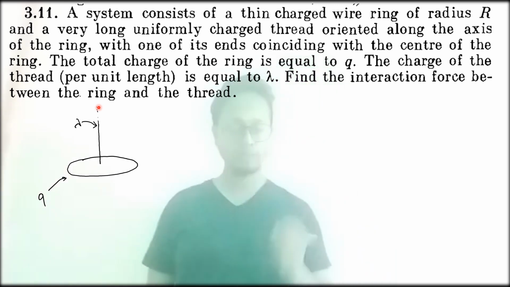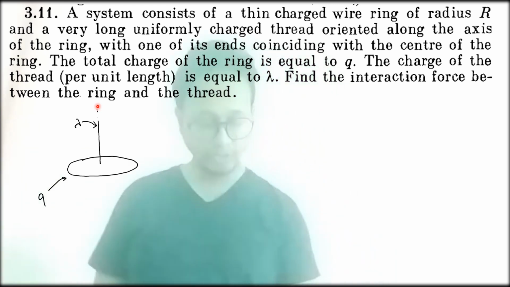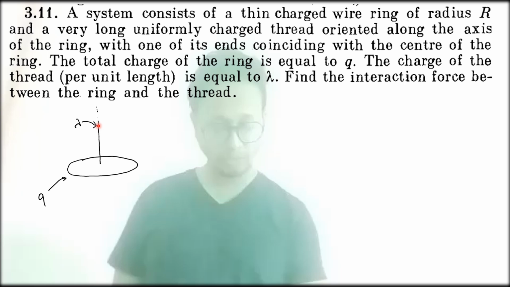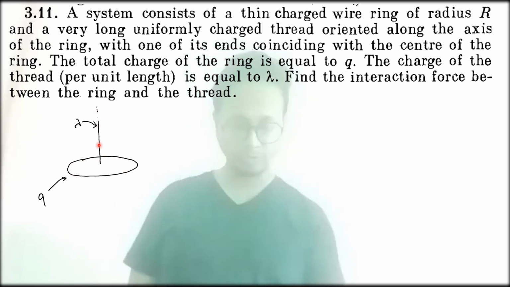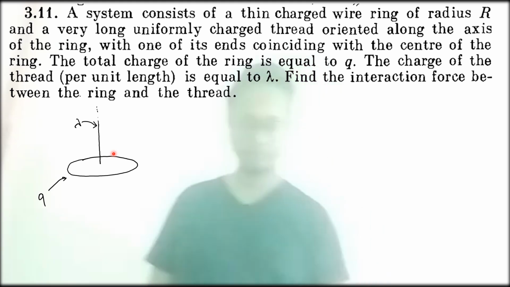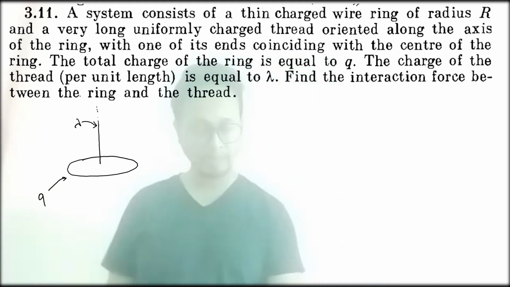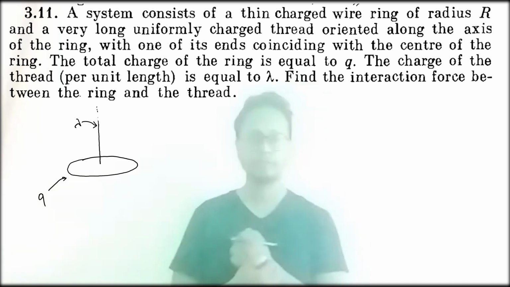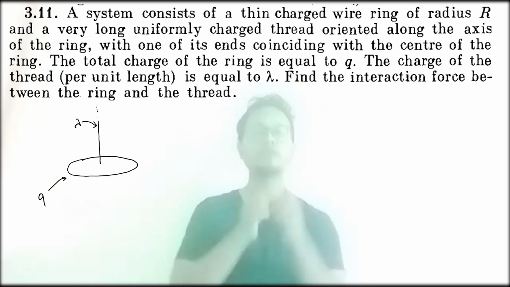The question is asking to find the total force interaction between this ring and the rod. That means this rod will try to push the ring away, and an equal and opposite reaction force will be applied on the ring by the rod. Both will try to repel each other. The question is asking to find the force of repulsion between the rod and the ring.